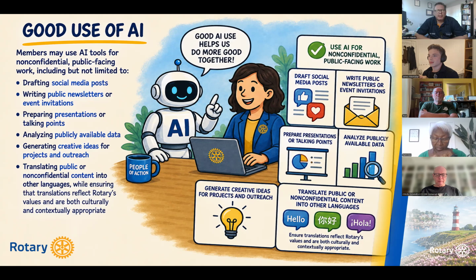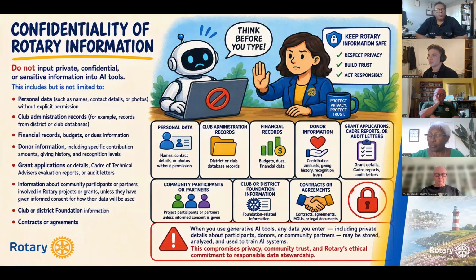And again, I'll show you an example of that in a minute. Generating creative ideas for projects and outreach, which again ties in with using some of that publicly available data, and translating public or non-confidential content into other languages.